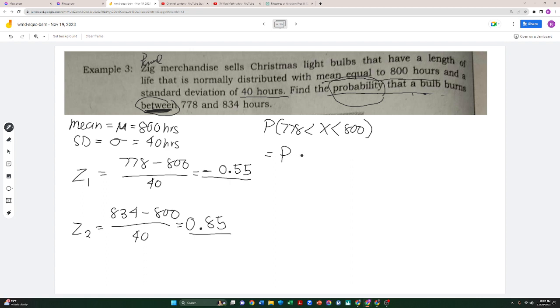But first, let us plug in the data: P of negative 0.55 less than Z less than 0.85.